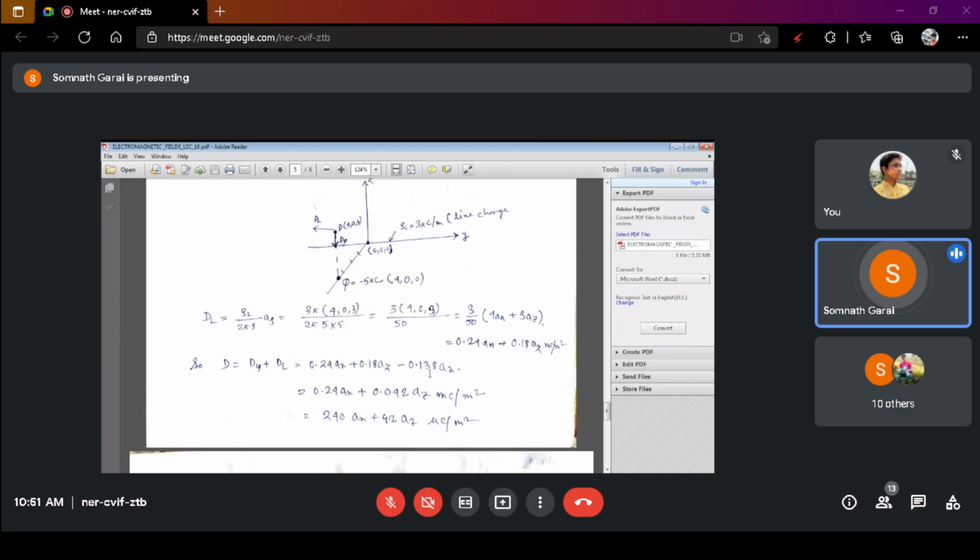After calculating this, the total flux density at that point with respect to this line charge and this point charge is equal to 240 ax plus 42 az microcoulomb per meter square. So you have to calculate in this way, step by step.